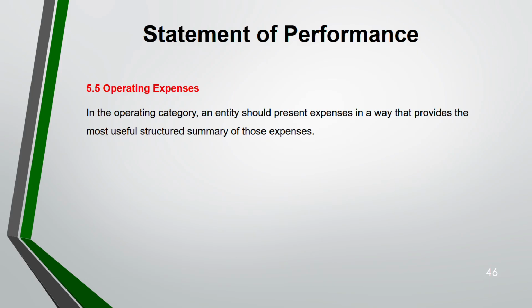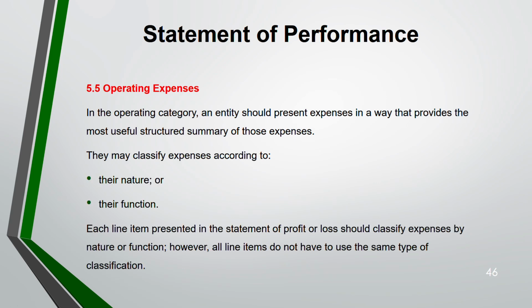So in your operating category, an entity can present their expenses in one of two ways. They can classify according to nature or function. Each line item in your profit and loss, they can classify the expenses, only expenses I'm talking about, by nature or by function. But remember, all line items do not have to use the same type of classification. Some might use nature, some might use function.